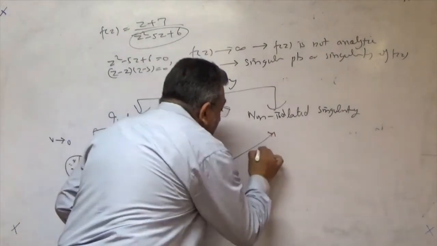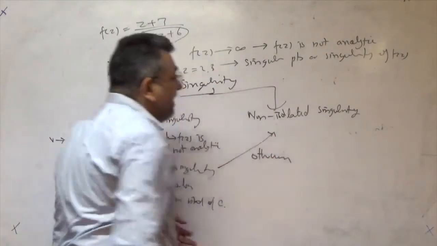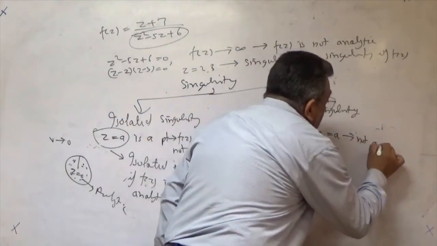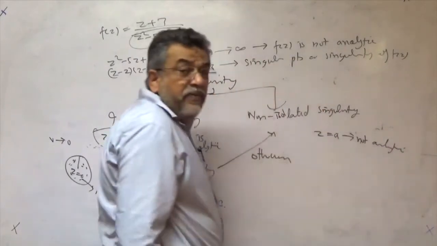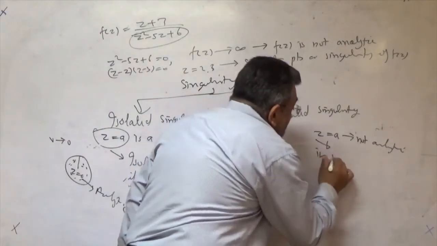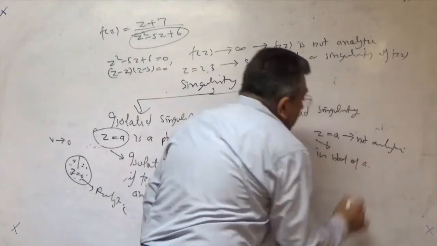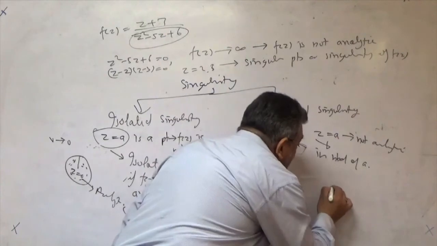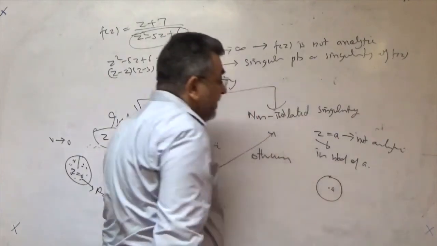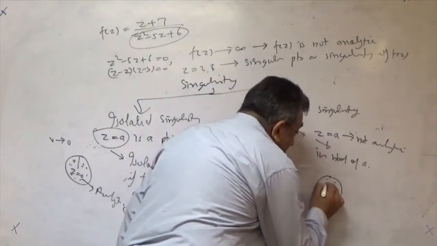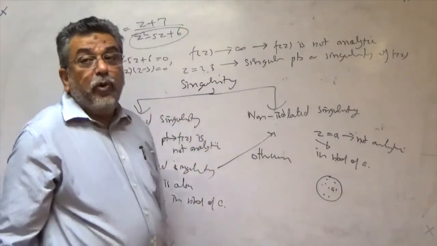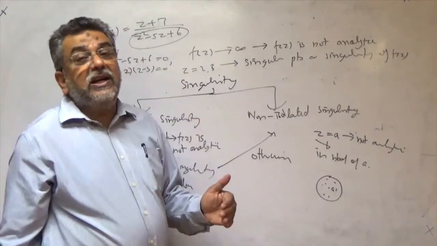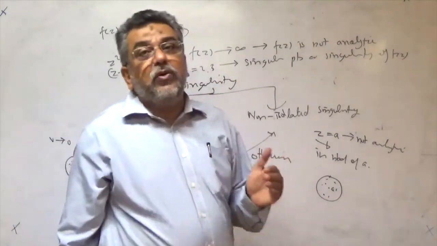Otherwise, non-isolated. Otherwise means the function is not analytic at point a, as well as in the neighborhood of a. If we draw a small circle about point a and these neighboring points are also singular points, then we say that this is a non-isolated singularity.